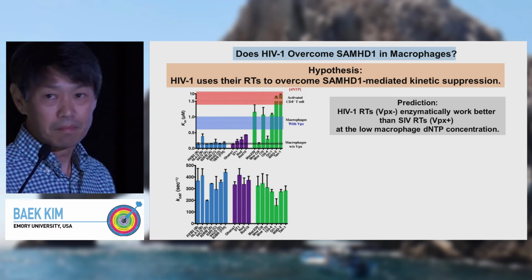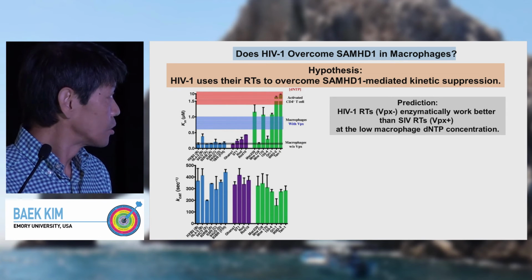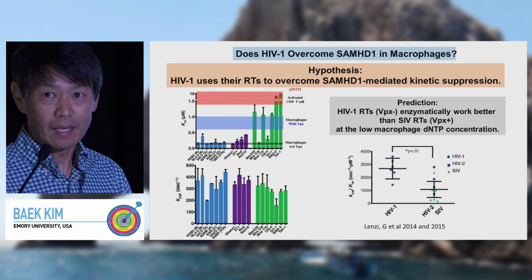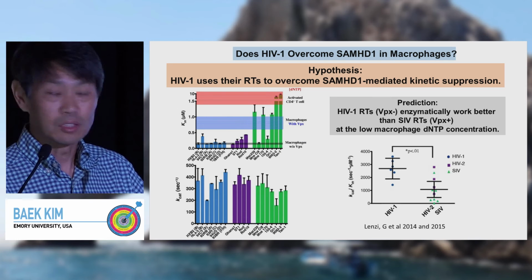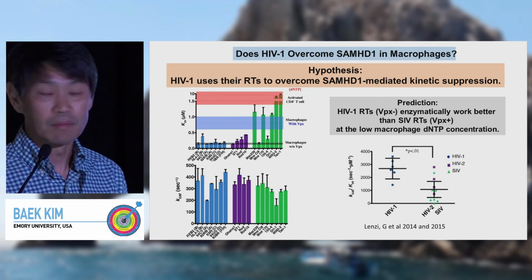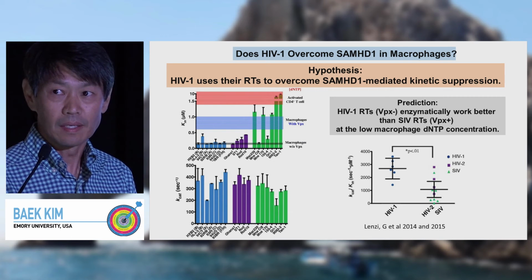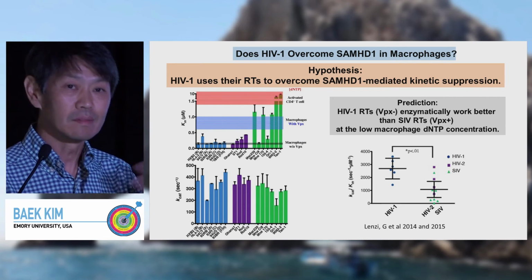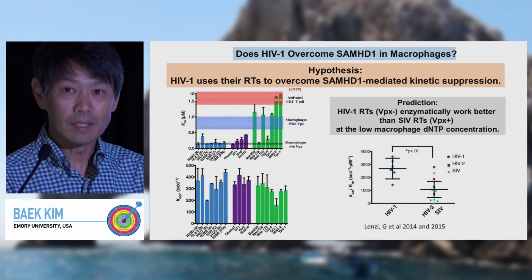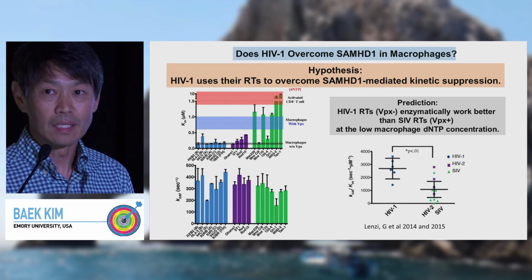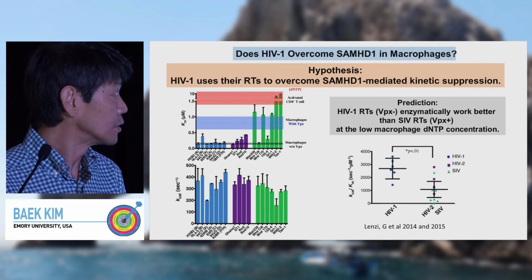However, the Vmax, kcat, still remains the same. So overall enzyme efficiency of HIV-1 RT is much better than HIV-2 RT. This supports the idea that HIV-1 uses RT, not VPX, to counteract SAMHD1 and support DNA synthesis in myeloid cells.